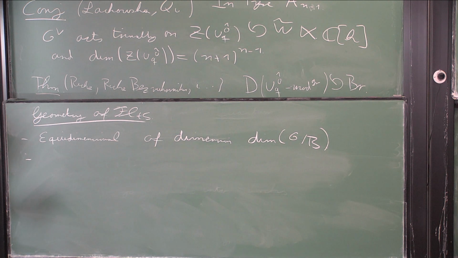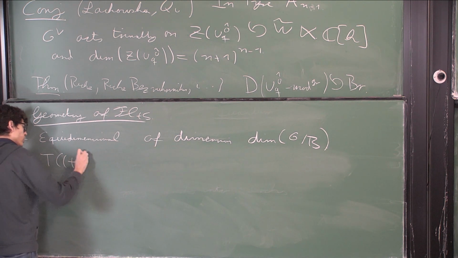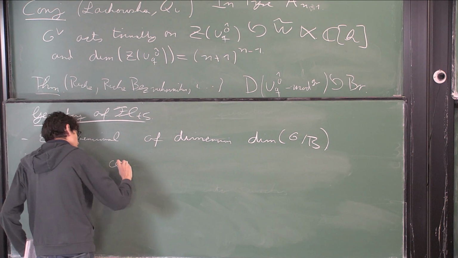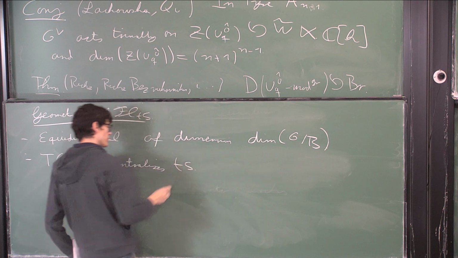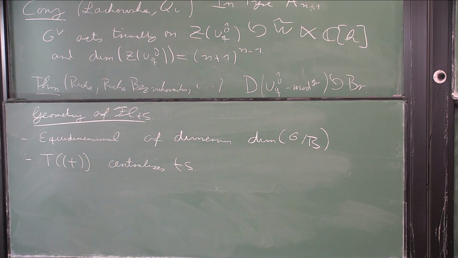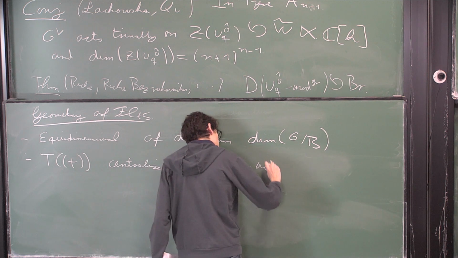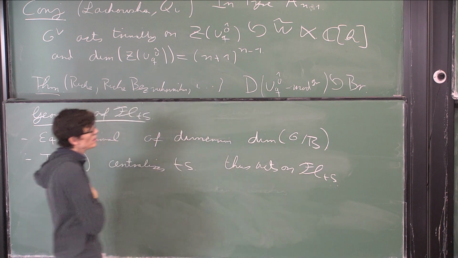And this affine Springer fiber has some actions. So the loop torus, the torus with values in Laurent power series, centralizes Ts, because it's an element in its Lie algebra and it's a commutative group. So it centralizes Ts, and so it acts on FLTS just by left multiplication.